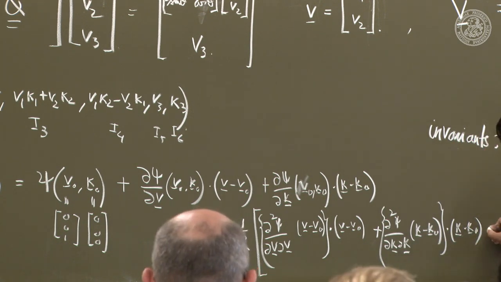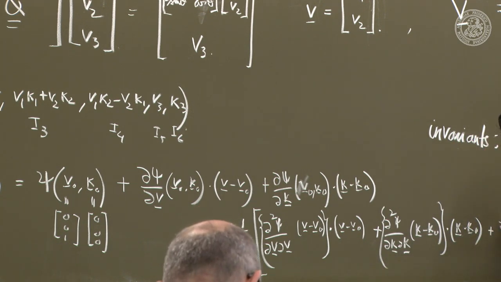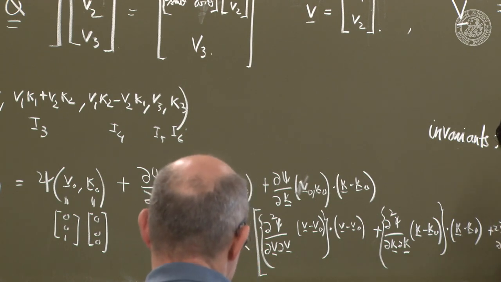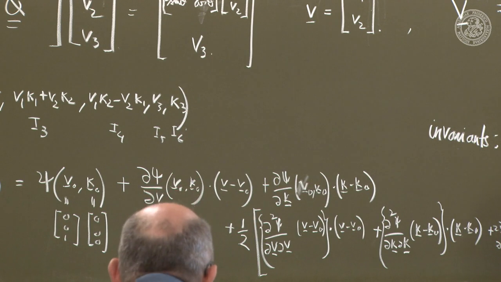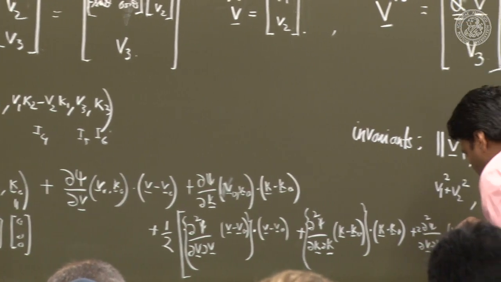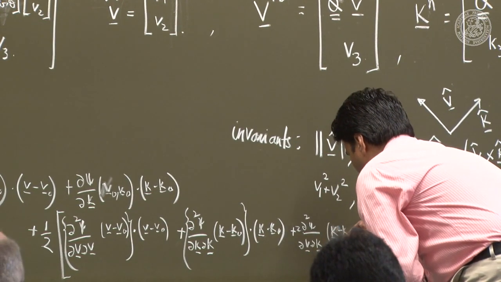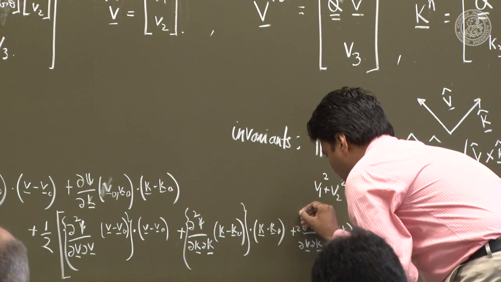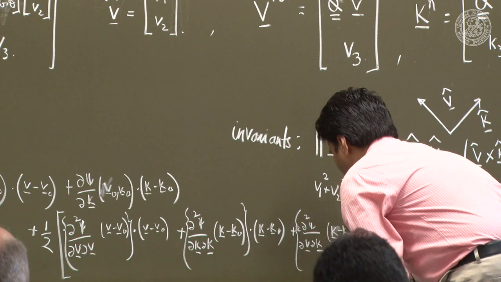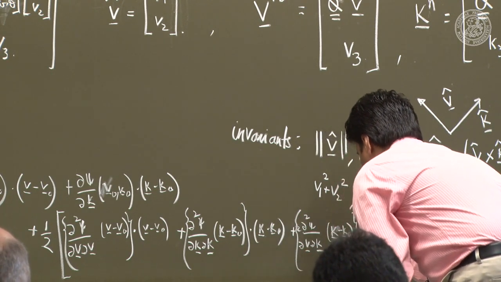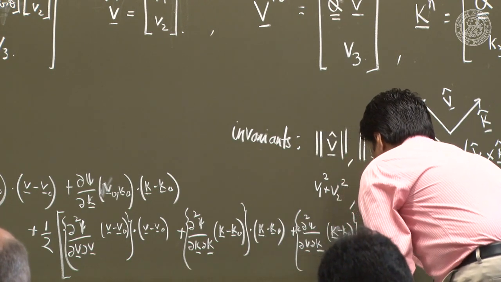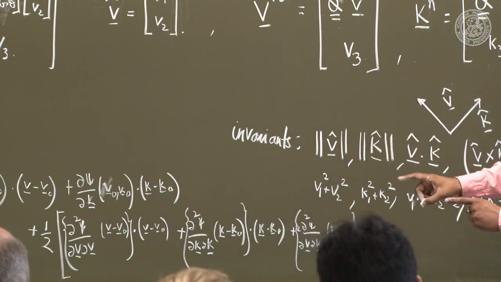And then the cross term plus twice of del 2 psi over del V del K into K minus K0 dot with V minus V0. This is the Taylor's expansion for multivariables.